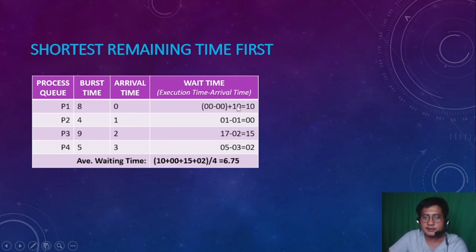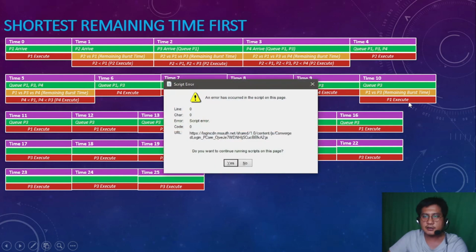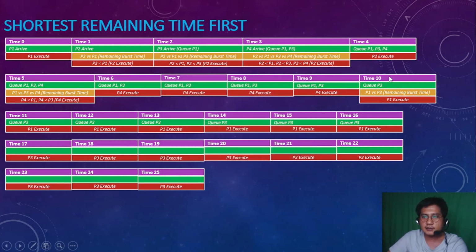But this plus 10 happens because at around time 1, process 1 is being halted by the system because it gives way to the process 2. Now the process 1 regains its time in the central processing unit at time 10, as you can see here. So process 1 regains the central processing unit for execution at around time 10. So we have to count the gap from time 0, which is the first execution time of the process 1, up to the time 10.